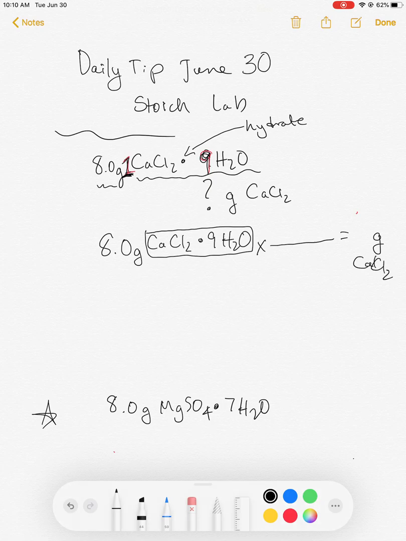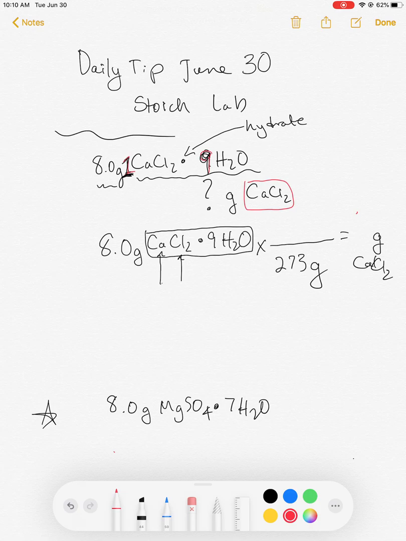So we want to find out how many grams of calcium chloride are in there. From the periodic table, we count up the mass of 1 calcium, 2 chlorides, 18 hydrogens, and 9 oxygens, or 9 waters. And that comes out to 273 grams. Then we want to get the mass of just the calcium chloride without the water.